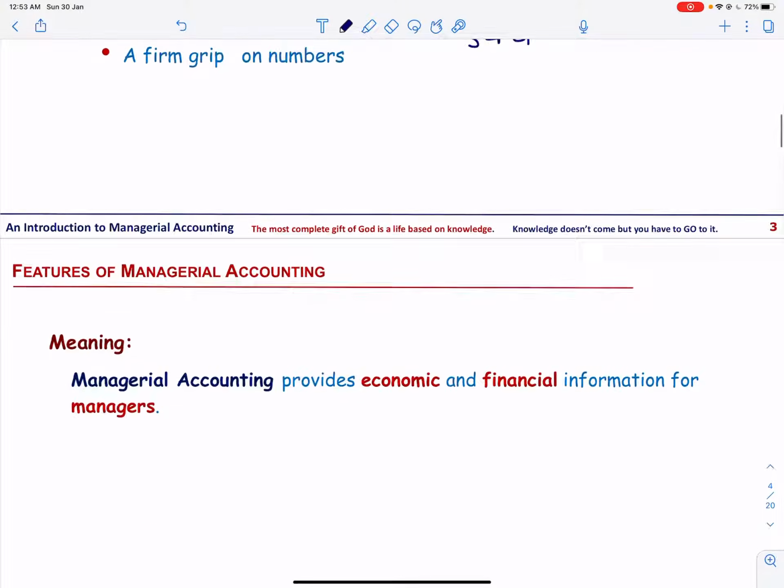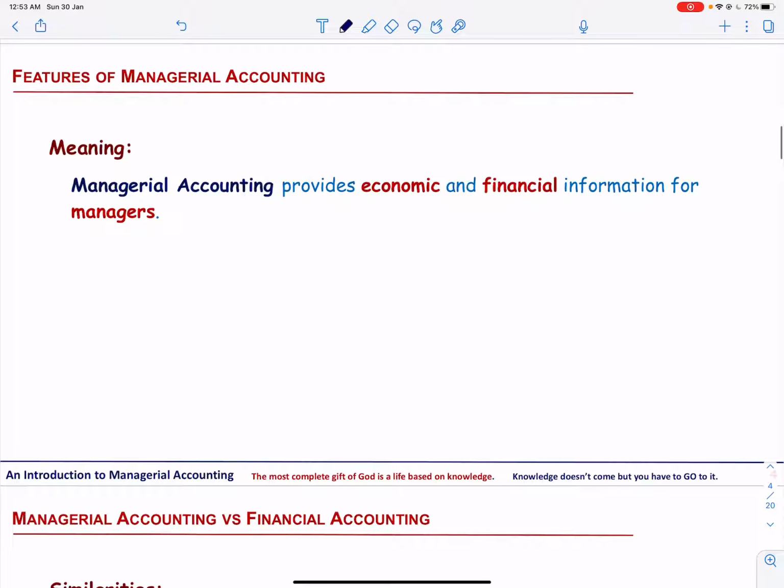In order to know whether the company is making profit or not, the manager needs accurate information about the cost of the product. The manager has also to decide the number of units to be produced, as economic conditions and consumer taste keep changing.